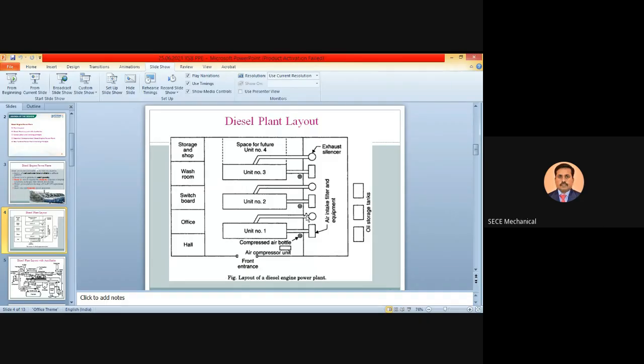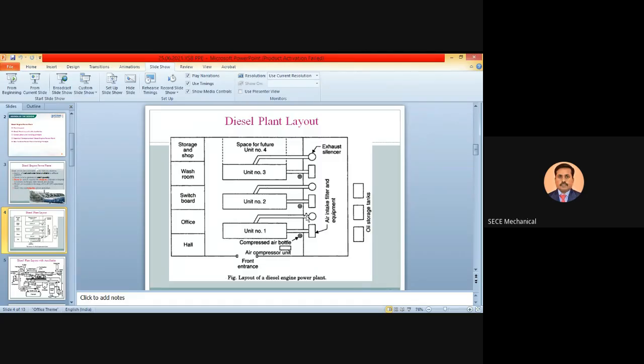If it is located near the people's working area, that will not be good, because, as I told, there is a lot of noise, and also the toxic gases coming out of your silencer will affect the people. So you have to properly install resonator devices in the silencer, and also locate the plant in the outermost area of your layout.